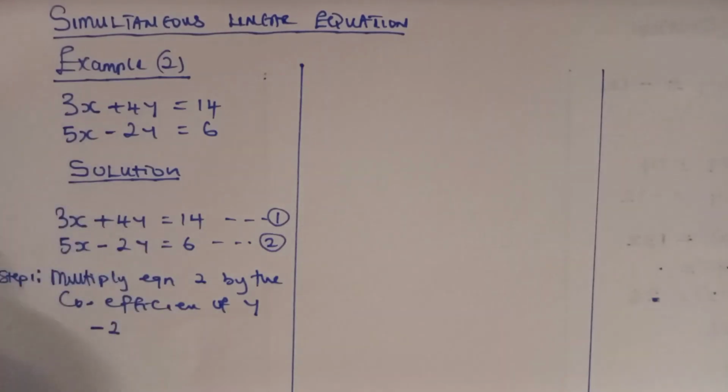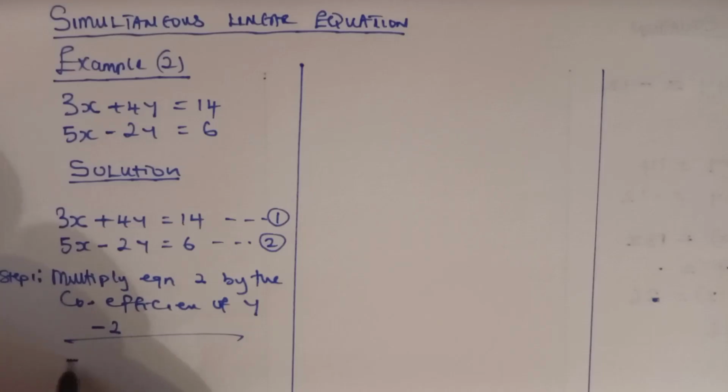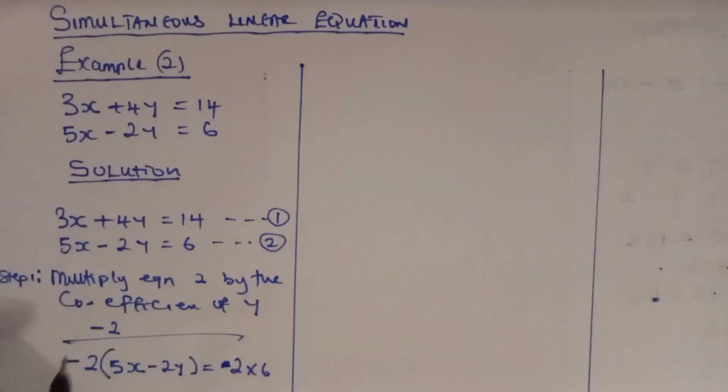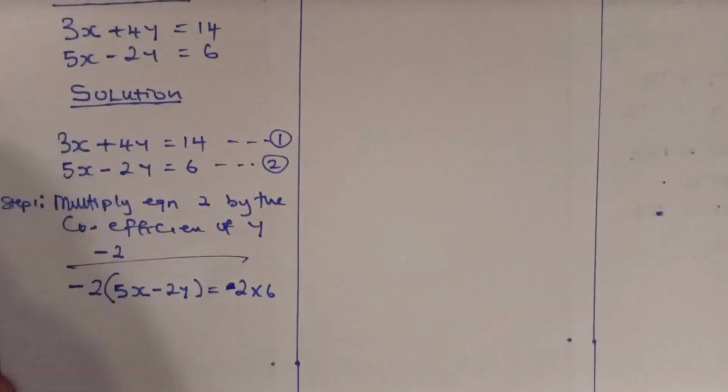So let's multiply through. So we have minus 2 multiplying 5x minus 2y equals minus 2 times 6, right? So it is multiplying equation 2 now by the coefficient of y, which is negative 2.